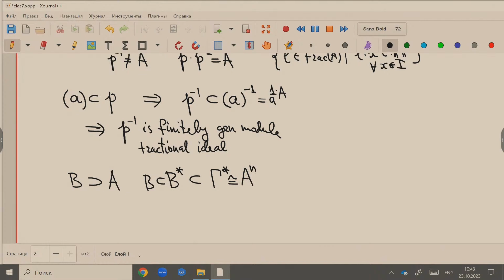So from this point of view, B star is also a fractional ideal. And so B star is also a B module, and since it is a finitely generated A module, it is also a finitely generated B module as well. So it is a fractional ideal.